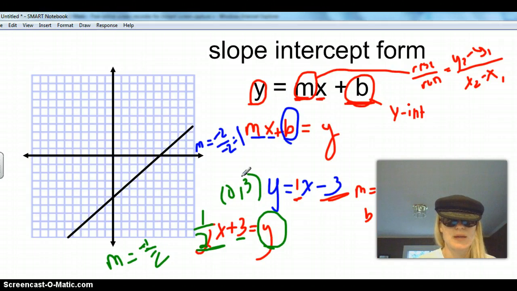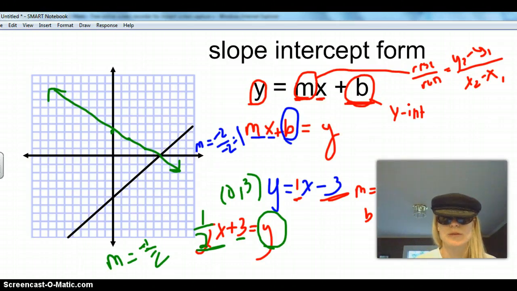I'm going to start with my y-intercept because that's a point on the line. So that's 0, 3, so that's right here. And then my slope says -1/2. Negative is down, so I go down 1 over 2. Down 1 over 2, okay? And then you can just draw your line. And I always look at it and I say the slope's negative. Is my line going down from left to right? Yep, I'm good to go. Okay, so this should all be review. Hopefully you remember all of this.